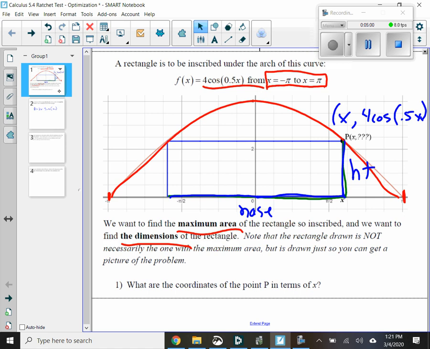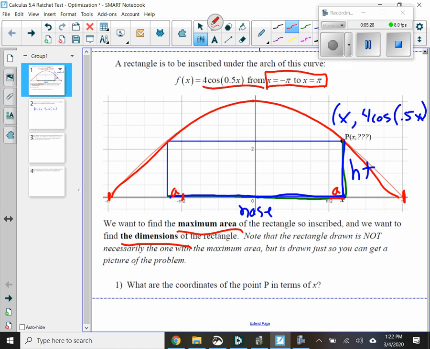So you called this little segment right here A, and over here you called it A, right?